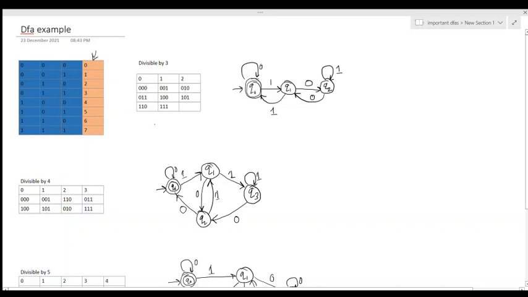Now think about the numbers which are divisible by 3. When we divide a number by 3, we get 3 remainders: 0, 1 and 2.